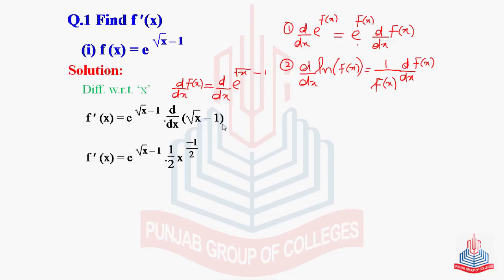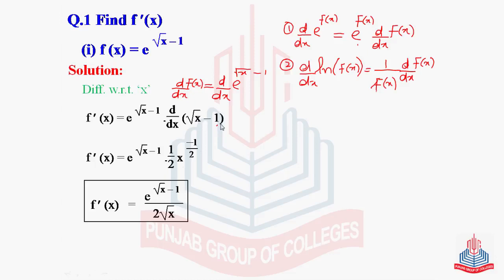Now f prime of x will be e raised to the power square root x minus 1 as it is, and the derivative will apply on this square root x minus 1. The derivative will apply separately on both of these two terms. So for square root of x, by using the power formula, that will be 1 by 2 x raised to the power 1 by 2 minus 1, which is minus 1 by 2, and the derivative of 1 will be 0.